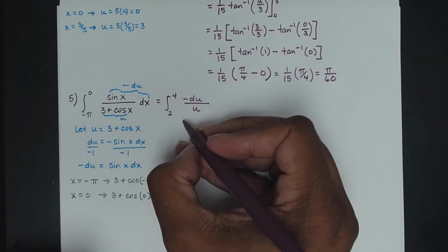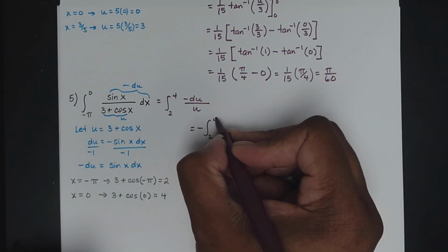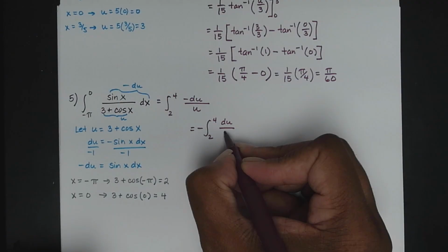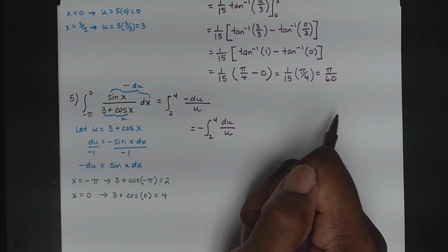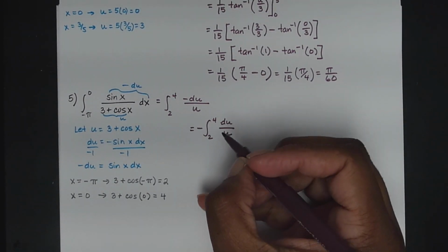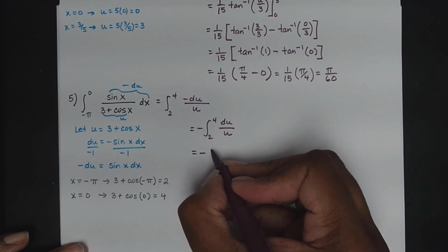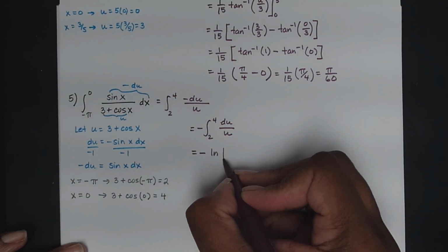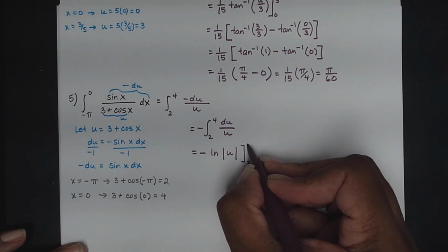And I can pull the negative out in front, so it'd be negative times the integral from 2 to 4 of du divided by u. And the integral of du over u would be the natural log of the absolute value of u. So I'm going to pull the negative sign down. This would be the natural log of the absolute value of u, and we're going from 2 to 4.